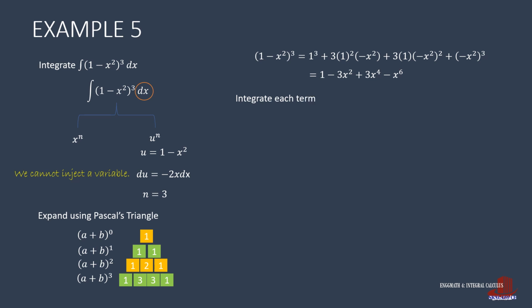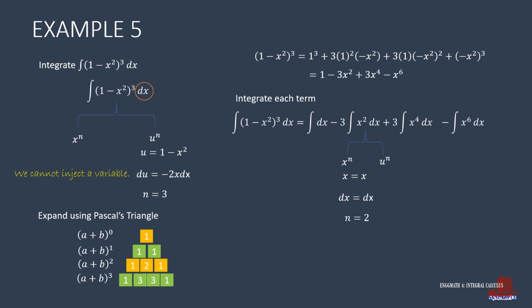Continue with the distribution of the integrand among the terms and get 4 simple integrations. The first term doesn't have any simplification, but we need to check requirements starting at the second term. x squared dx falls under x raised to n, where x is x, dx is dx, and n is 2.